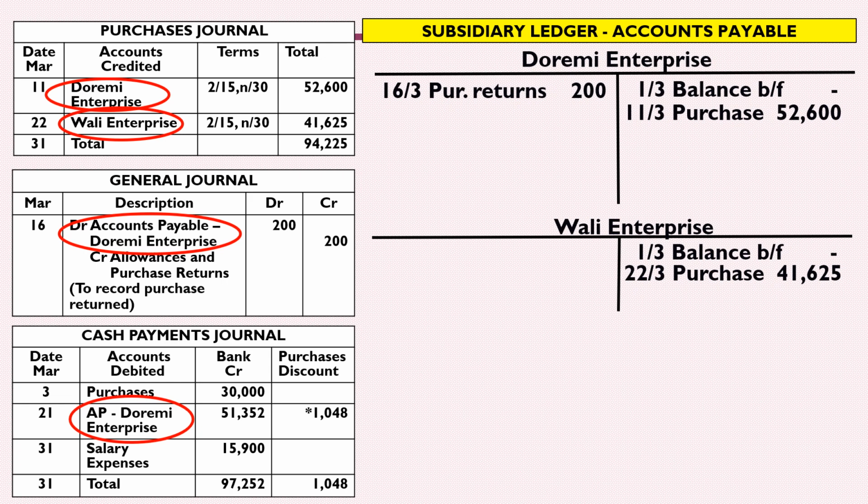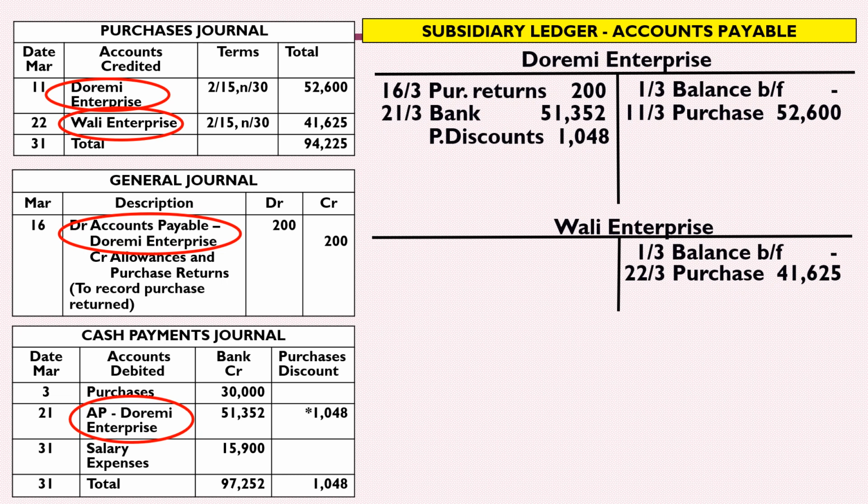So we record it under Dani Enterprise account. On 21st March, bank 51,352 and also purchase discount 1,048.